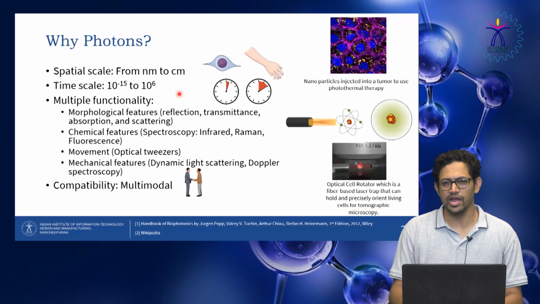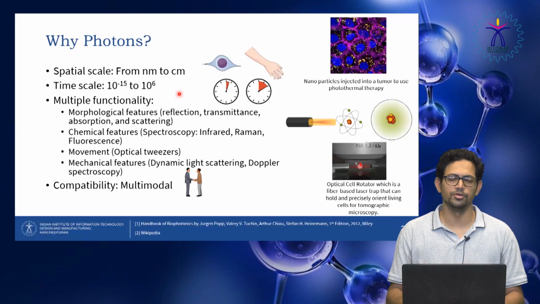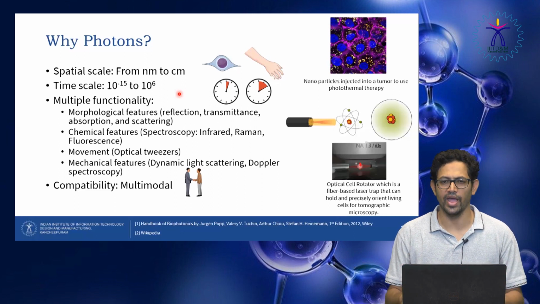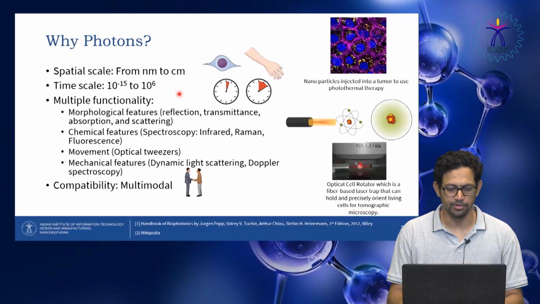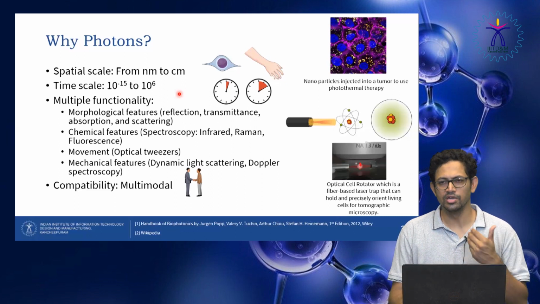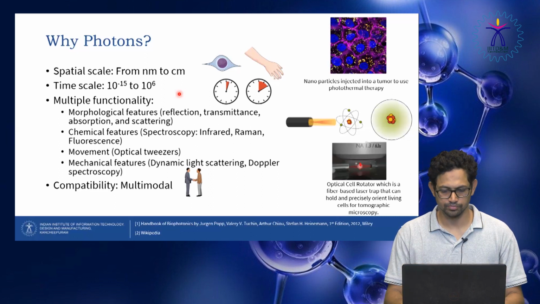So silica is a dielectric material, so it can go inside an MRI. It can be used along with X-ray. There is not going to be any concern in regards to it generating its own electrical field like that. So it's multimodal. We can actually build multimodal systems along with optics.